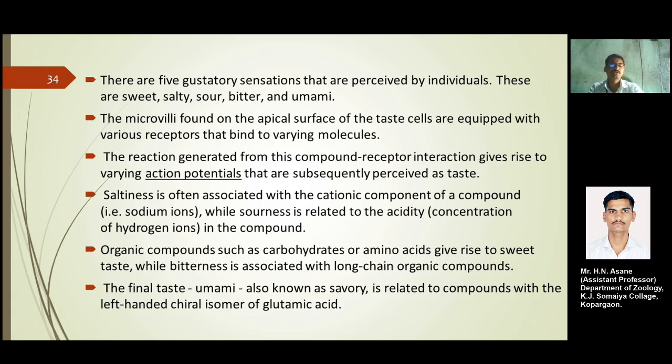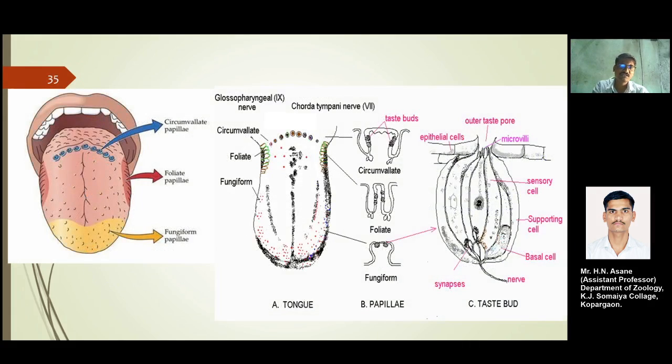of glutamic acid, okay. Now, as you can see in this picture, the location of the papillae, okay. The fungiform papillae have a keratinized structure, and they interact during the bolus formation, okay.